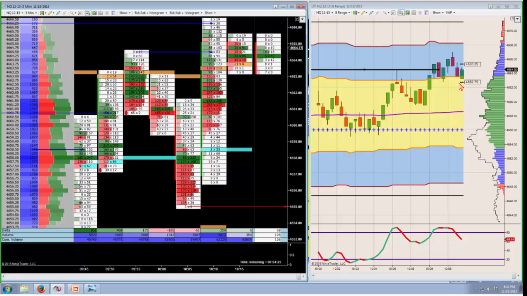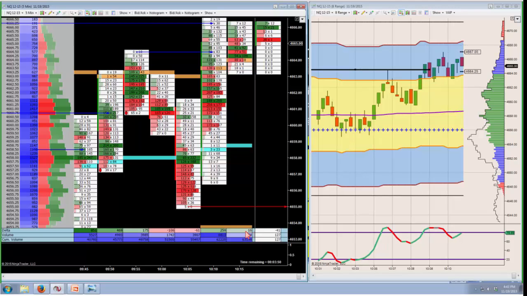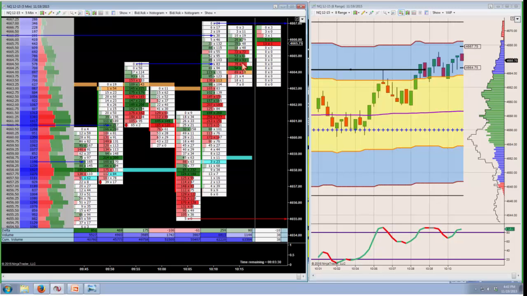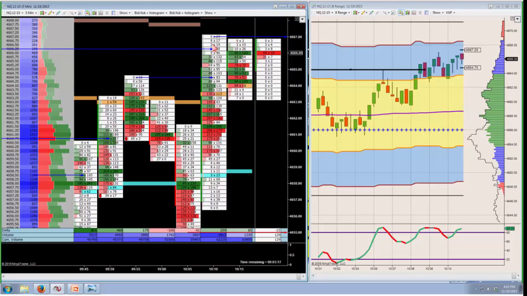So I need to see some sellers coming in. So I got negative delta. Now it's positive, and it's constantly changing. So that's why this histogram for me is a lot easier to look at. Now, again, we're not seeing the buyers come in above this area here, so I'm really not wanting to do anything as a buy here.